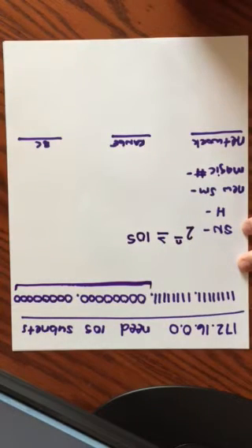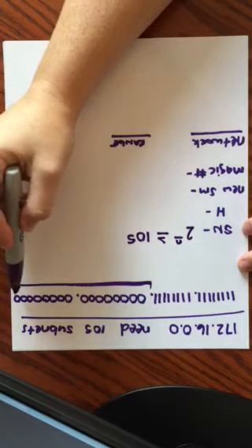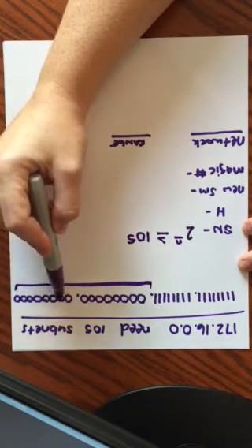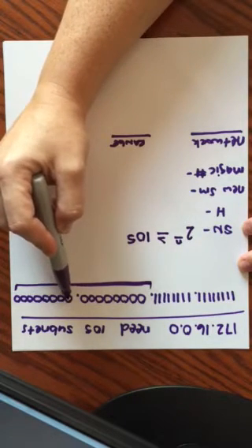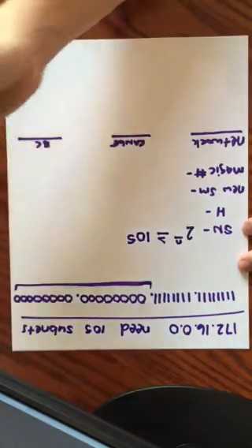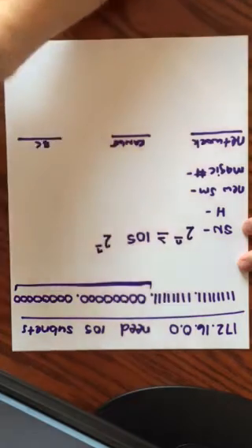If I look at the range of each bit, 2 to the 0 is 1, 2, 4, 8, 16, 32, 64, 128, 256, 512. Right here, 2 to the 7 is 128. That's about as close as I'm going to get to 105. So 2 to the 7 will be my subnetwork portion.